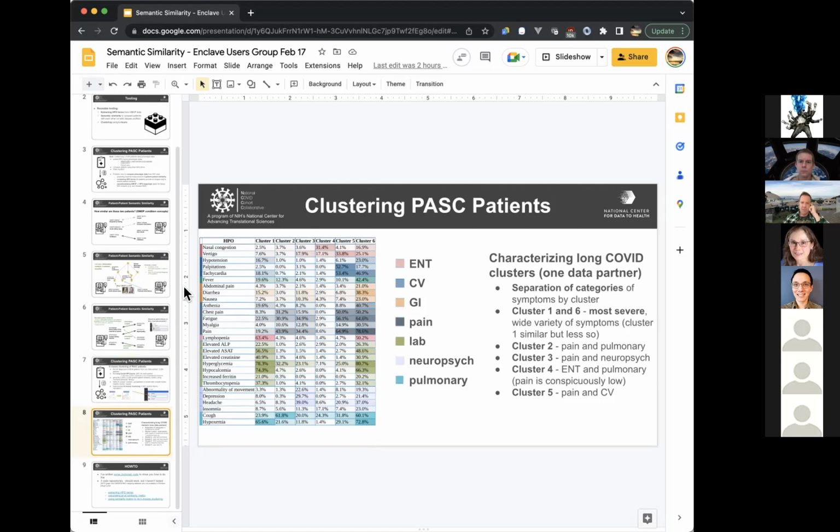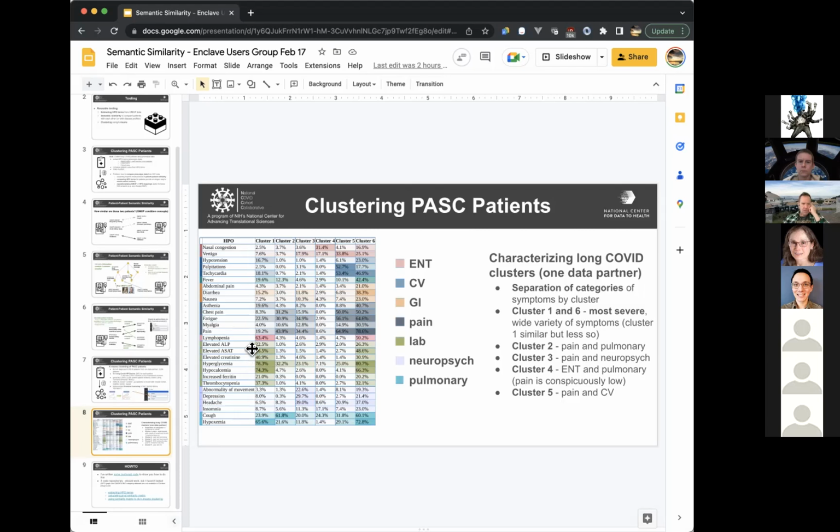Among those, these were significant by a chi-squared test. Then Elena Kasaragi did a post-hoc analysis to say which one is higher and lower, and we color-coded those here. For example, nasal congestion was much higher in cluster 4, which makes sense because I think that was a pulmonary cluster, is that right?